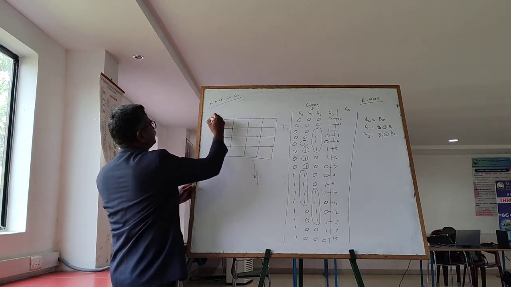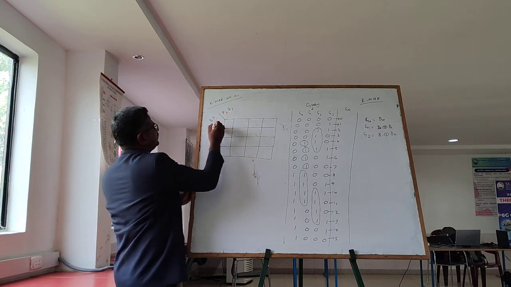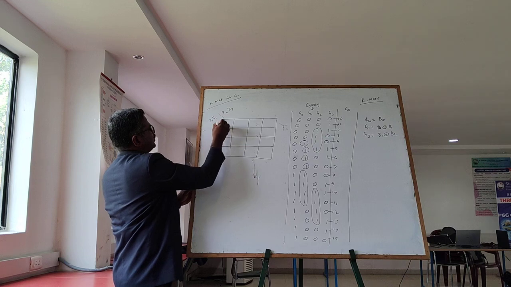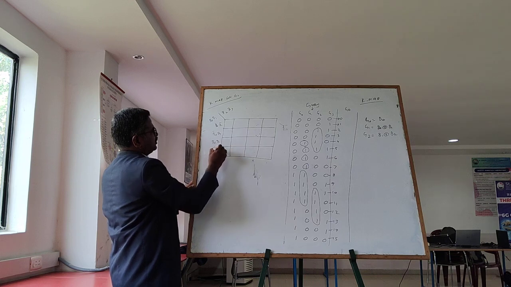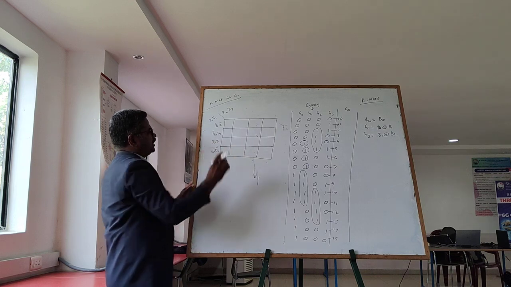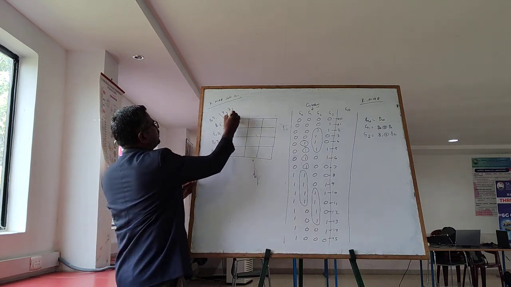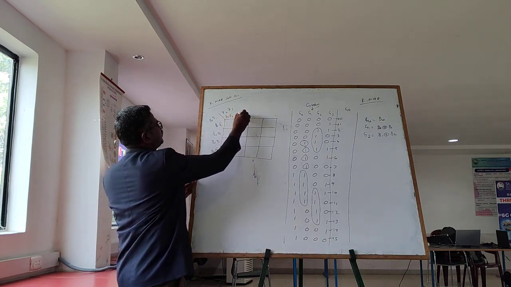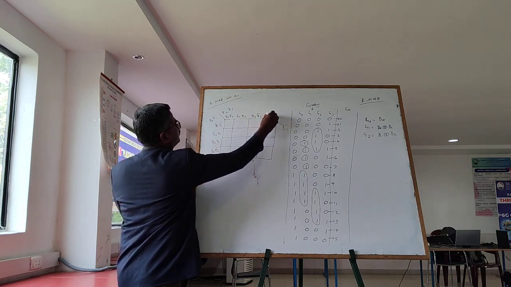Again, the inputs are B0, B1, B2, B3, B0 bar, B1 bar, B0 bar, B1, B0, B1, B0 bar, B0, B1 bar. Right? Next, this side, B2 bar, B3 bar, B2 bar, B3, B2, B3 bar, B2, B3 bar.